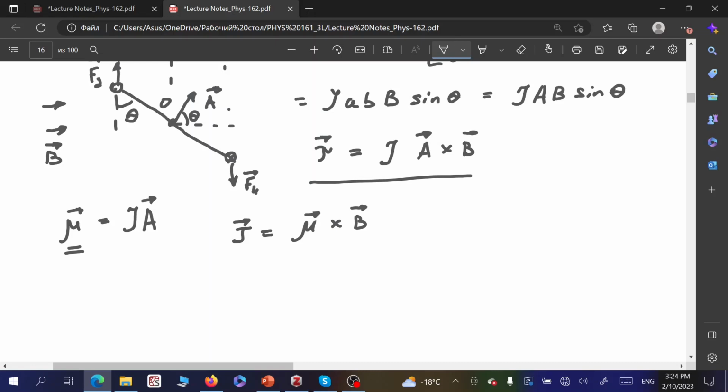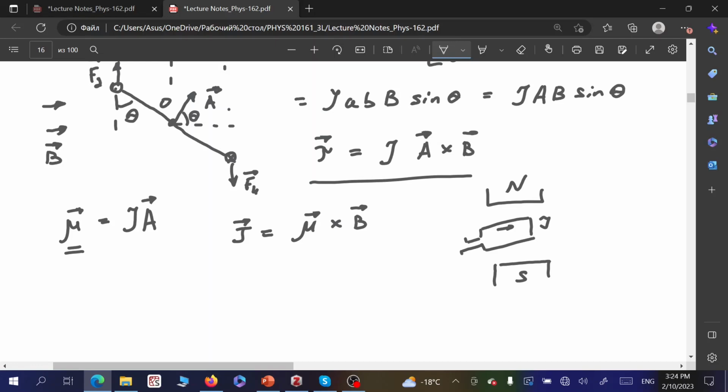So for instance, if we have some uniform magnetic field created by two poles of a permanent magnet, and we have some closed loop with electric current flowing through it, we will manage to create some torque which tends to rotate this closed loop and transfer this torque to any other mechanism we want.